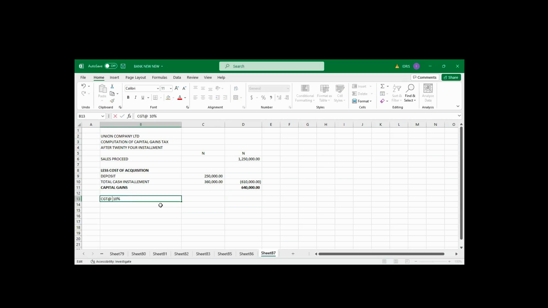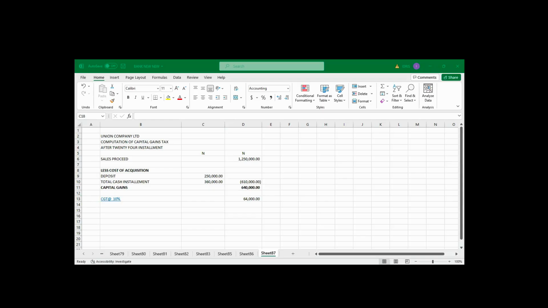So do we understand that? Yes, sir. The second question said we should compute the capital gain tax, assuming the asset was disposed for 1.3 million after payment of full installments.